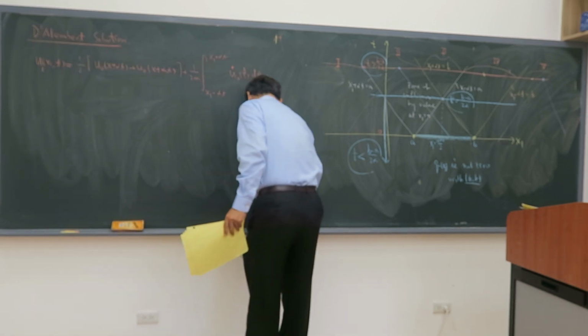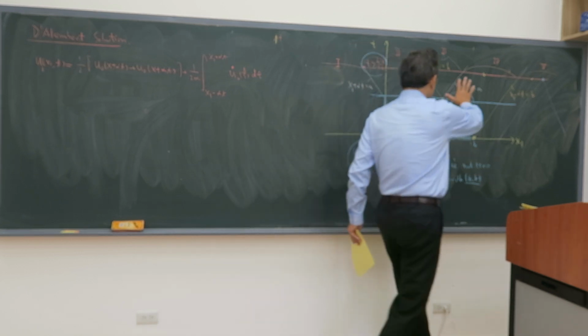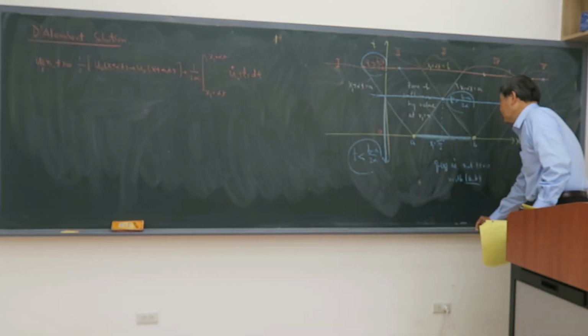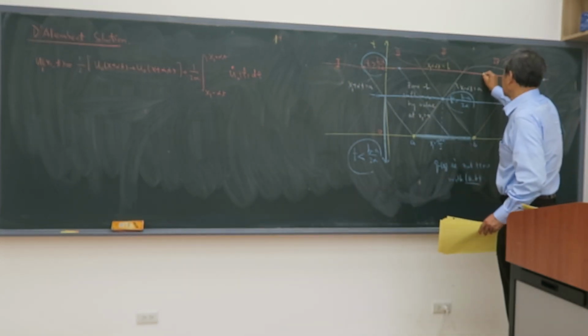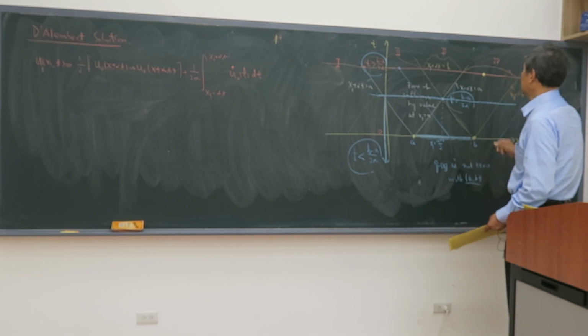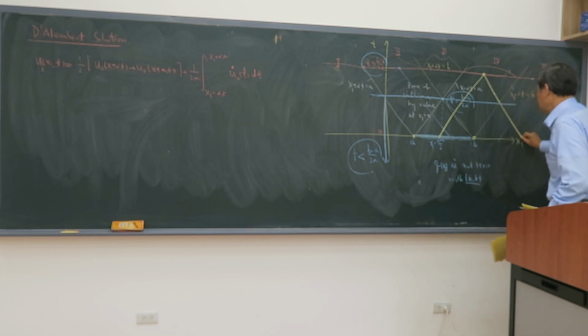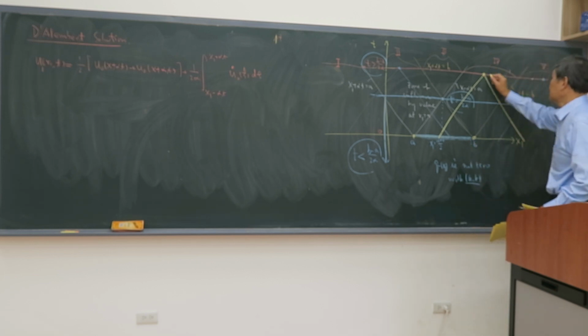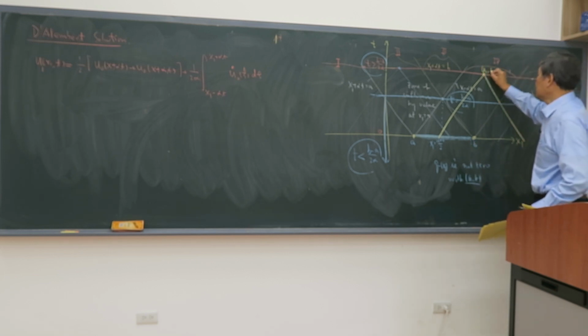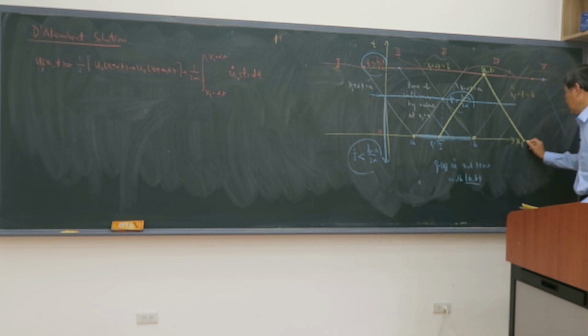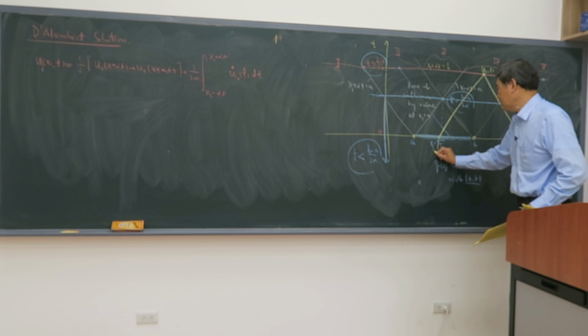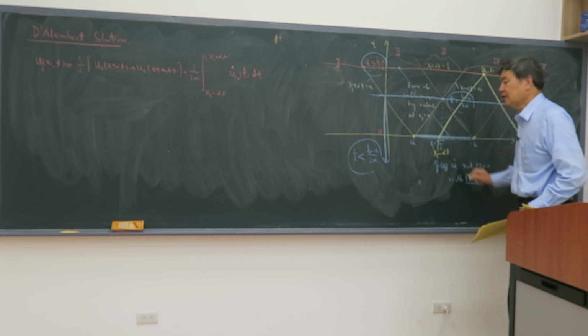So that means in this domain, for any point, it will integrate. This is x1 t. So this will be x1 plus alpha t, right? And this point will be x1 minus alpha t.